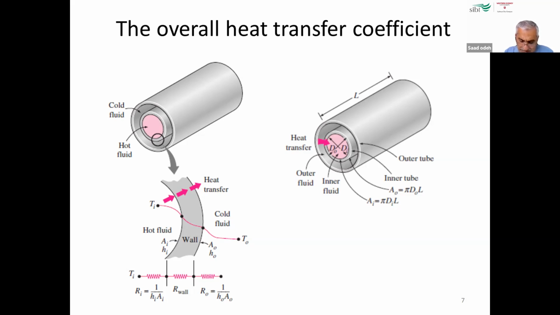So, for example, here in this figure, we have the cold fluid at the outer tube, while the hot fluid is inside the inner tube.